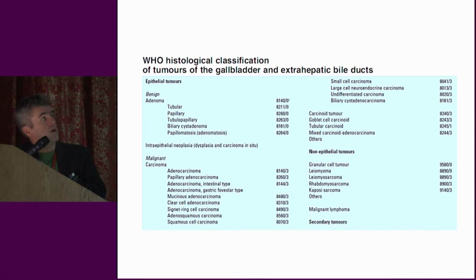The classification is presented in the WHO book, and this classification is not very simple. It is based on the same principle which I mentioned yesterday, so I don't want to dwell upon that.